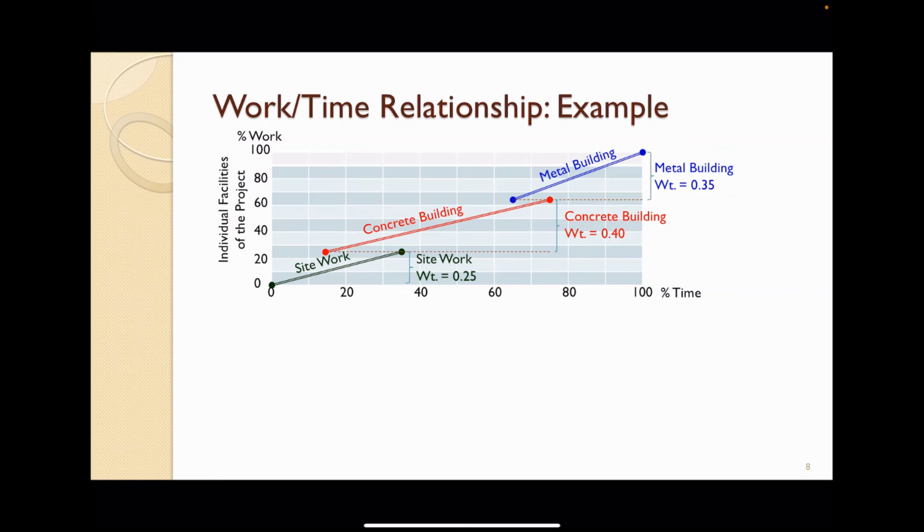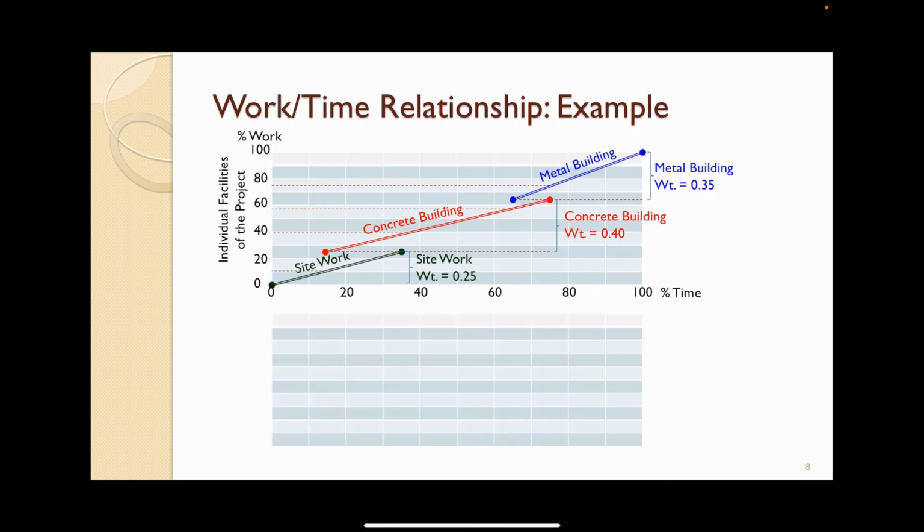Now, this is some animation showing how to draw the work time relationship curve that I just showed you with hand drawing, and the PowerPoint slide can show you that as well. With that, we have the composite overlay of all the above facilities to find the work time relationship curve.